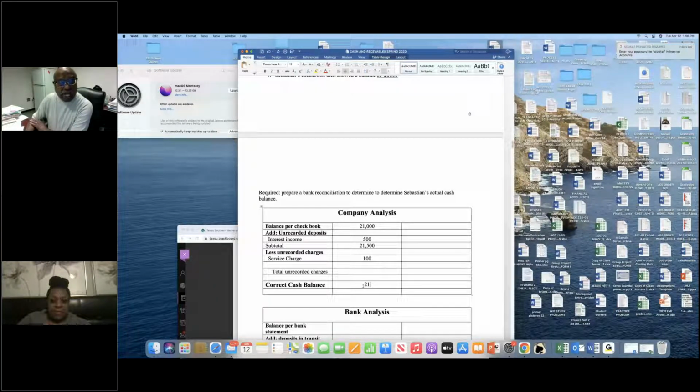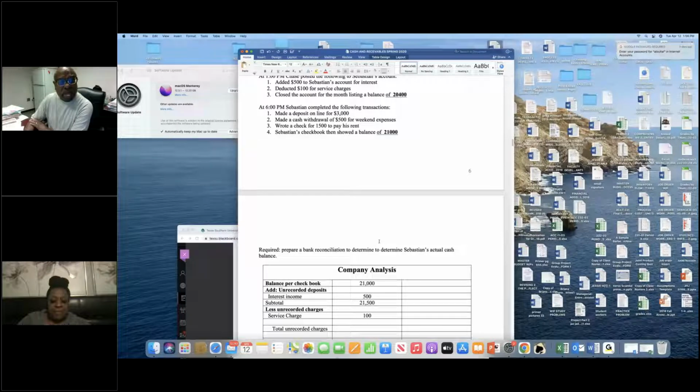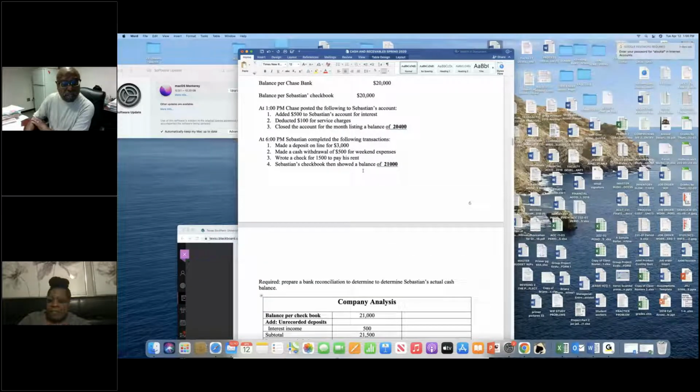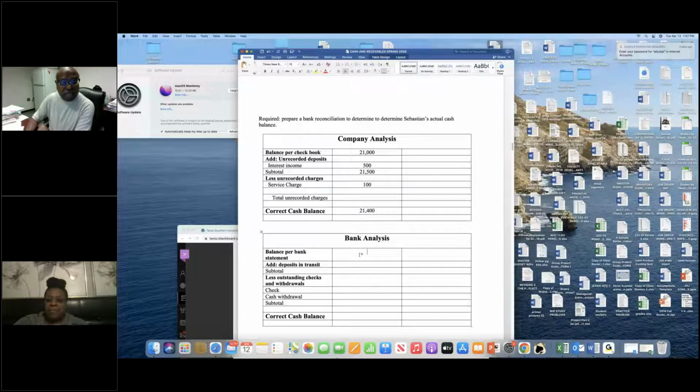Then we get ready to do the bank analysis. When we get ready to do the bank analysis, the bank showed 20,400. The bank does not have this deposit in transit of 3,000.